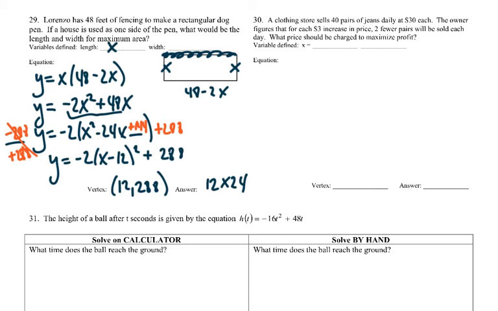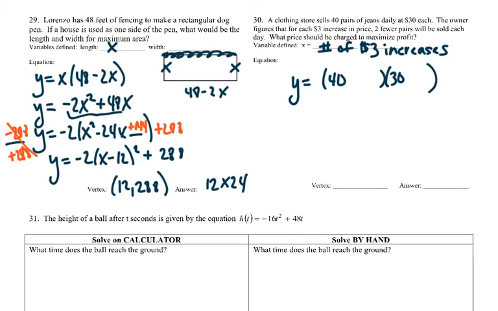And then for the money question, sometimes people get confused on the variables. This is the number of $3 increases. So they usually sell 40 pairs of jeans at $30 each, right? Each time you increase the price by 3, you sell 2 fewer pairs of jeans. So this has to get FOILed all together.